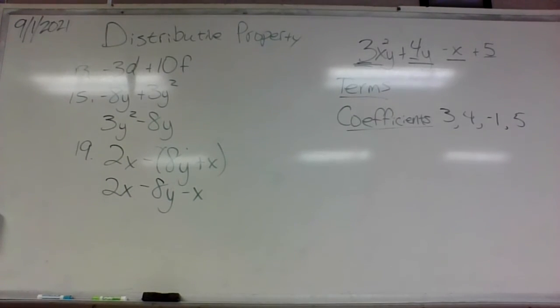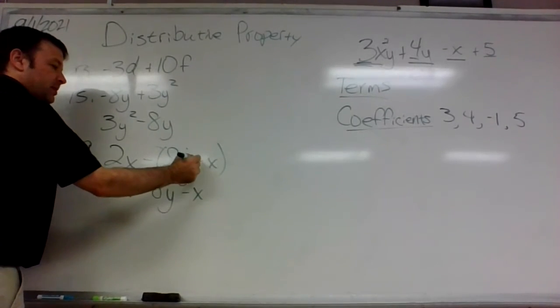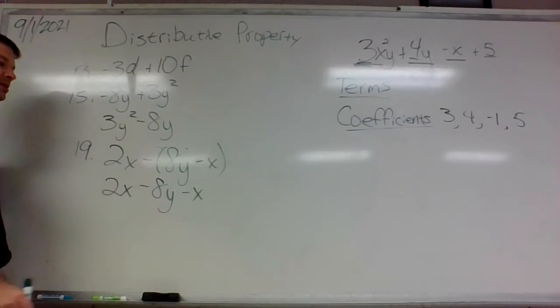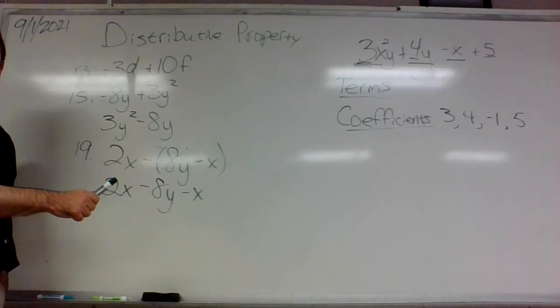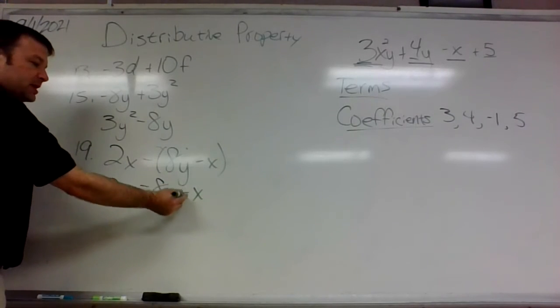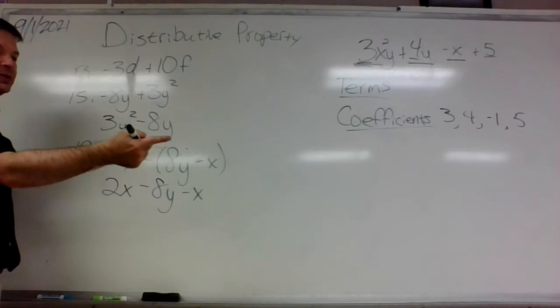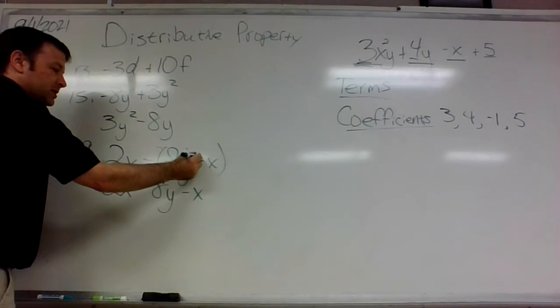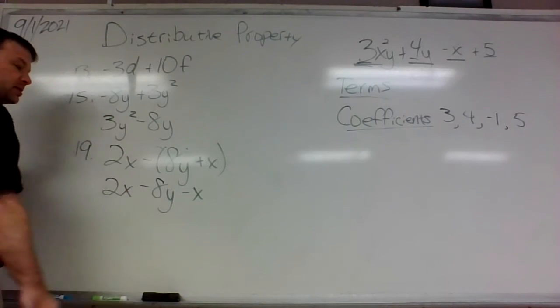What do you think would have happened if this had been a minus right here? Minus x. It would have become a plus down here. If you take away a takeaway, you're actually going to add. But that's not what it said. This is just minus a positive x, which is just minus x.